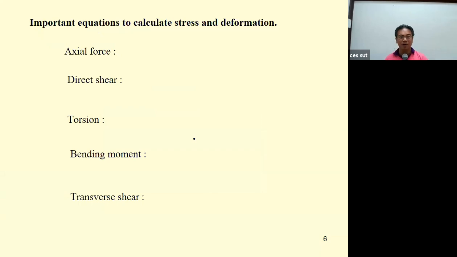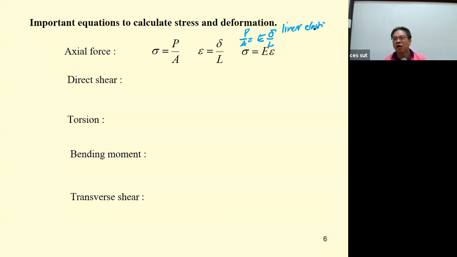And then there are a number of equations. For the axial force, we have sigma equal to P over A, and then the strain, as I showed you, is elongation or contraction divided by L. And from Hooke's law, we have P over A equal to E delta over L. For the linear elastic, we can compute the deformation of the structural member based on this equation.